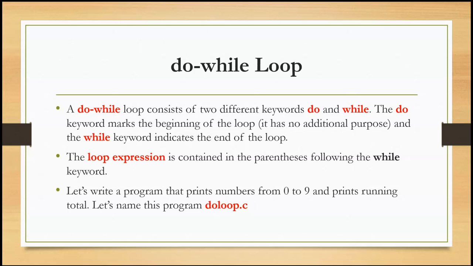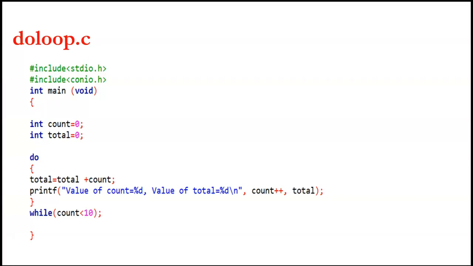Now let's write a program that prints numbers from 0 to 9 and prints a running total. Let's call this program do-loop.c. Now here is the do-loop.c program. As you can see, in this program we have defined a count variable which is of the type integer, and we have initialized it with the value 0.